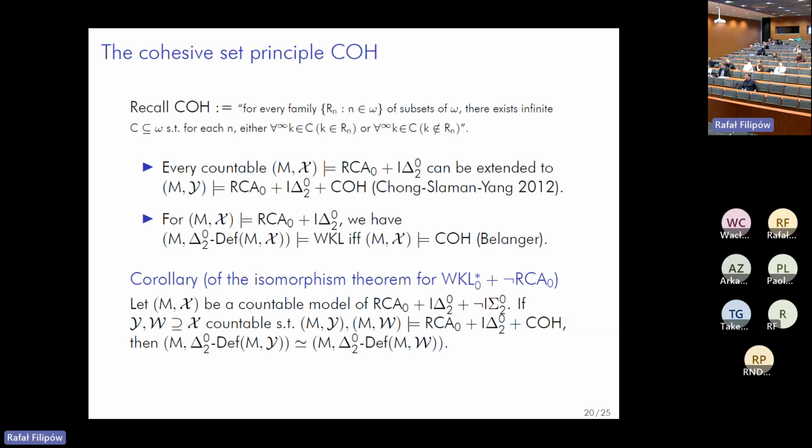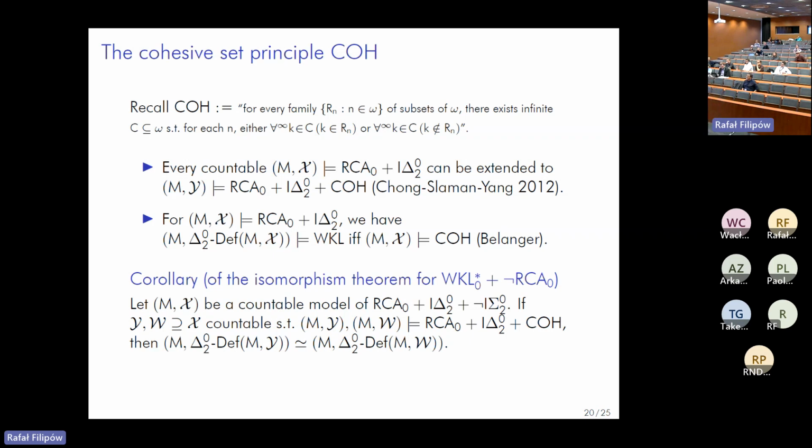And secondly, the cohesive principle tells you exactly that the delta 2 definables satisfy weak König's lemma. So the cohesive principle is weak König's lemma on the level of the delta 2 definables. Any delta 2 tree has a delta 2 path.